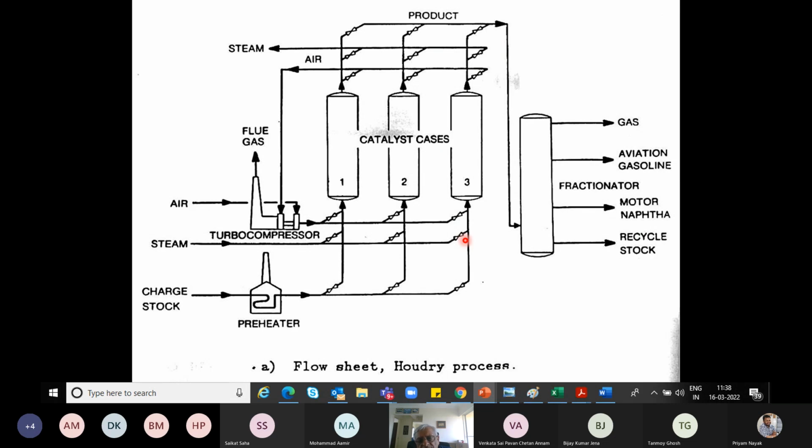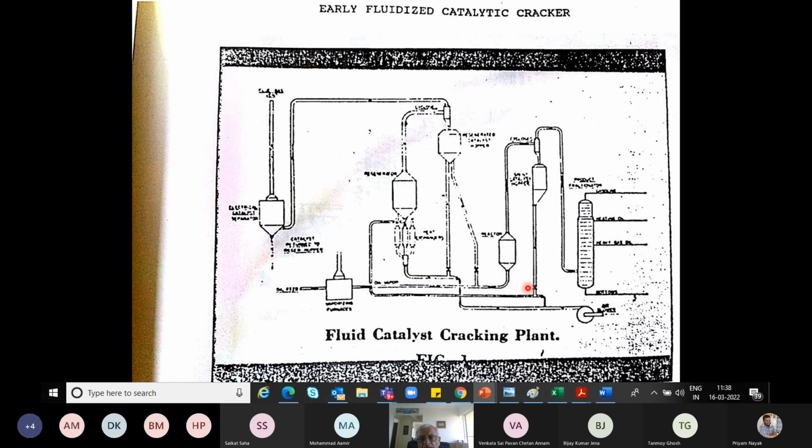Nonetheless, because of the pressures of World War II, this particular technology did make a lot of money. And then the products are, of course, taken into a distillation column where you separate the liquefied petroleum gas, the LPG, the jet fuel, the motor naphtha, and so on and so forth. So this is the flow sheet of the Houdry process.